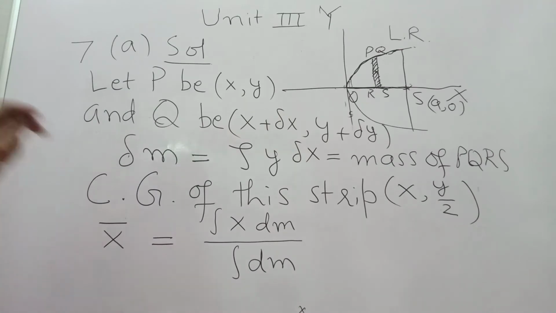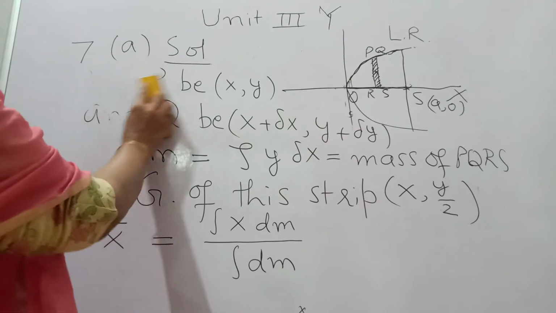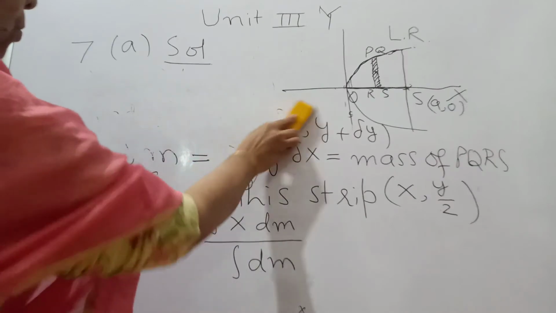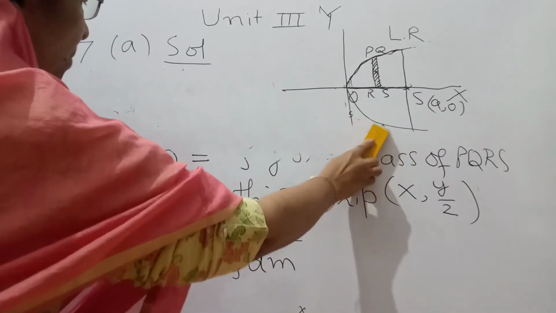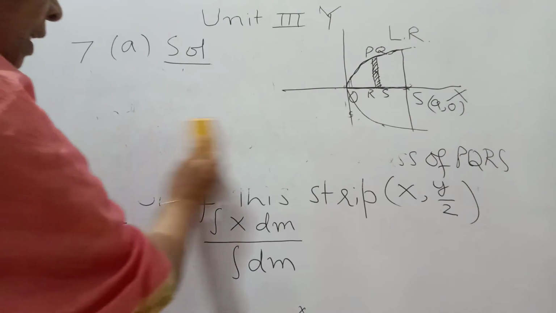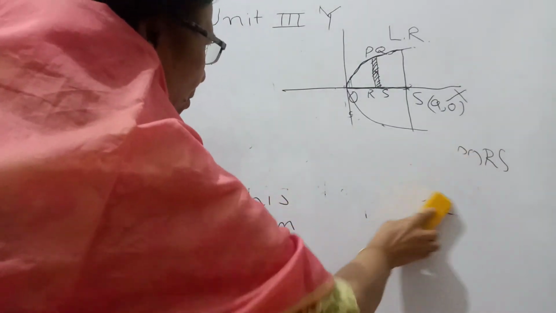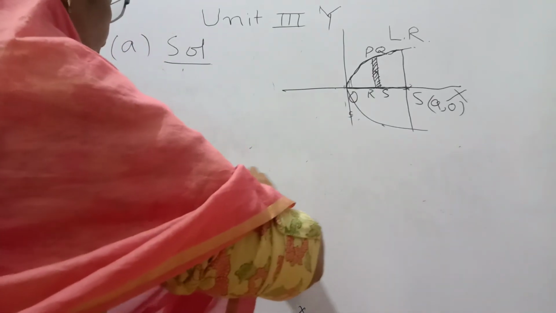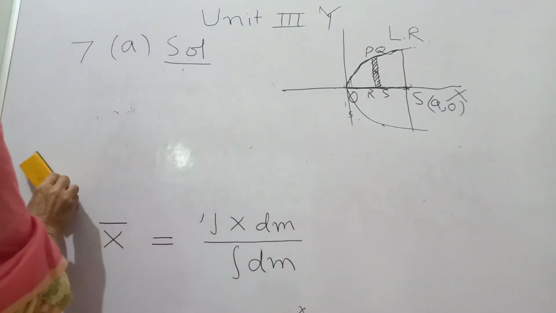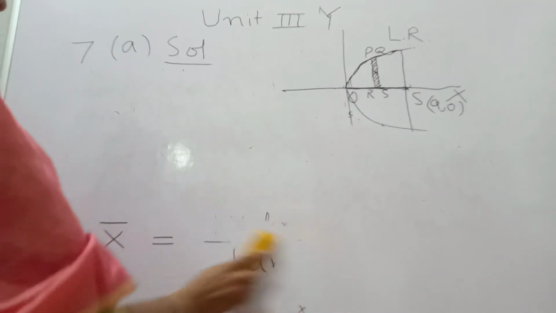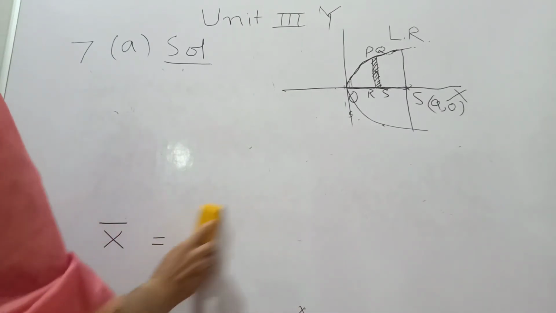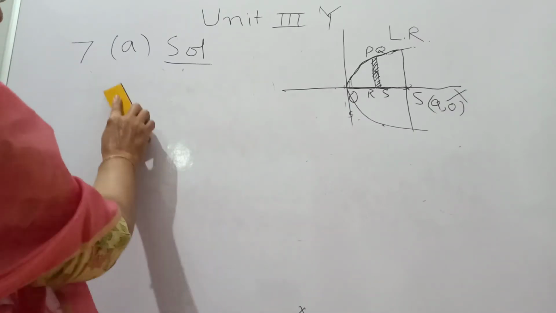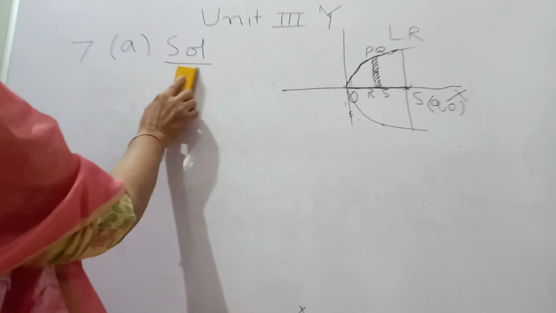So this is the formula we are going to use, and we have to put simply the values and then we have to integrate within the limits to get the required result. What is required? To find x bar and y bar. X bar is the resulting center of gravity of this parabola in between x-axis and y-axis.